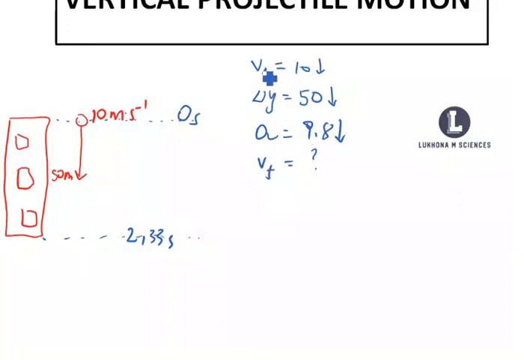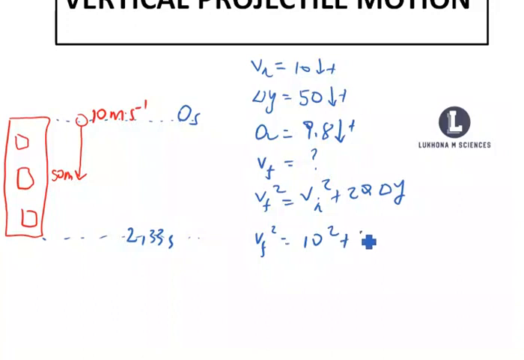Then the formula that we are going to use is this one, plus 2a delta y. So the final velocity is required. The initial velocity is, now we have to choose the direction. We set down as positive, which means this one is positive, this one is positive, this one is positive, right? So the initial velocity is positive 10, plus 2 times acceleration 9.8 times delta y, which is 50.